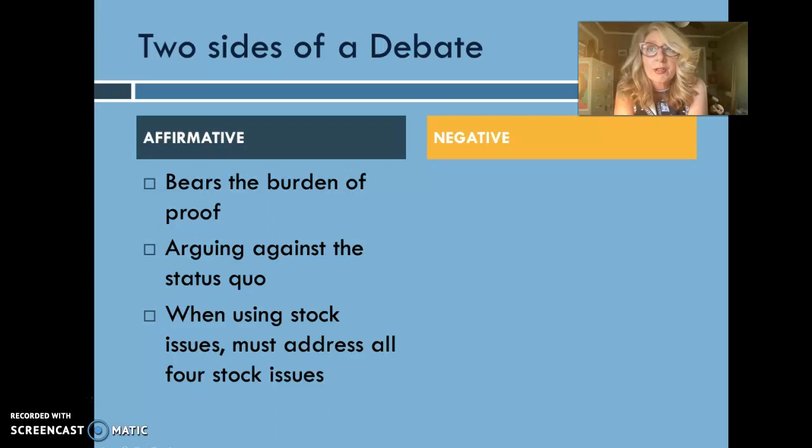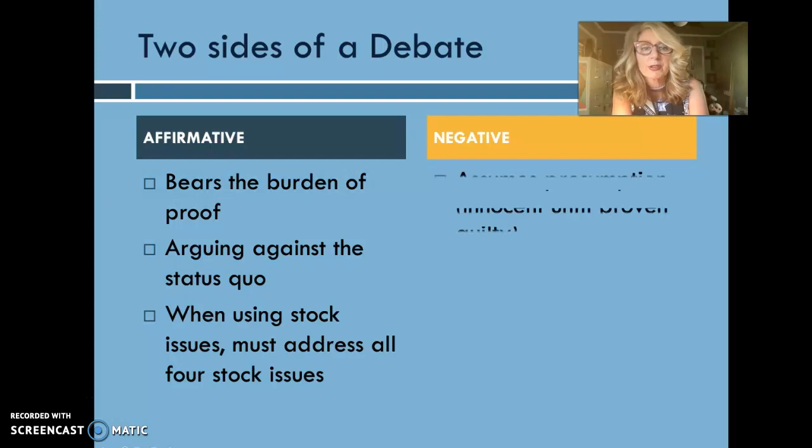If you remember the stock issues, we have ill, blame, cure, and cost. Ill is what's wrong. You have to state what's wrong and prove it. Then we have blame: who's at fault for this? Then the cure: what's the solution? And the cost: what are the benefits of having this policy in place? That is the job of the affirmative.